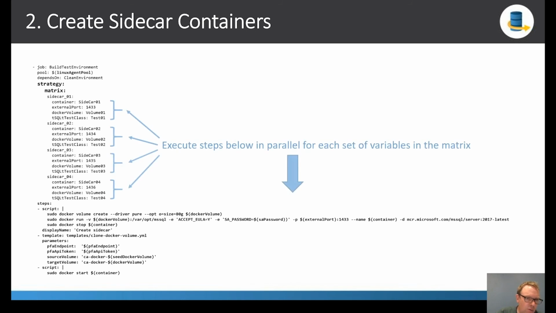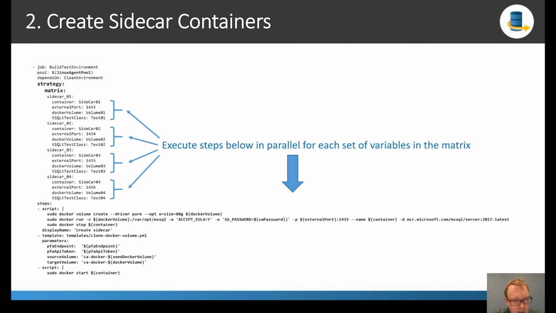Okay, we then take each set of variables in our matrix. Okay, so there's 4 in total, and we run the code in the step section 4 times for each set. Okay, also note that I'm using a template.